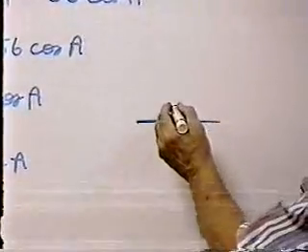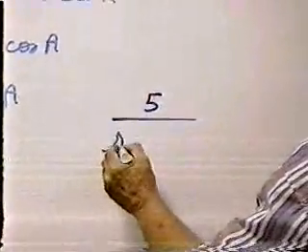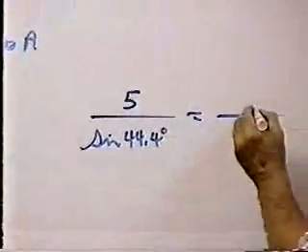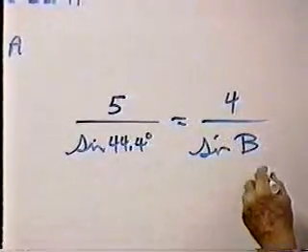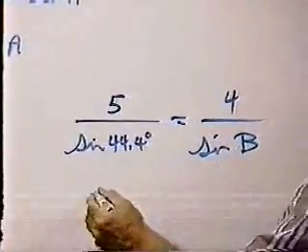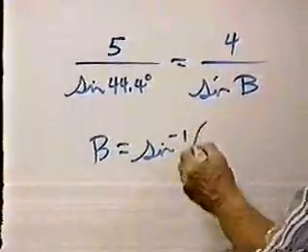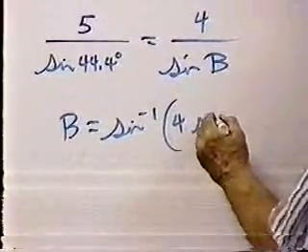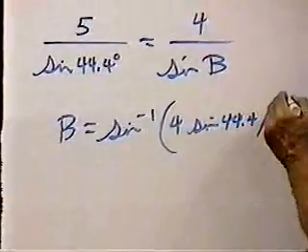The only reason I do that is because it's a little quicker punching buttons. So we'll use sine of A, so that's 5, is to the sine of this 44.4 degrees that we found, as B, 4, is to the sine of B. And again, you can go hit B then, is the inverse sine of 4 times the sine of 44.4 divided by 5.